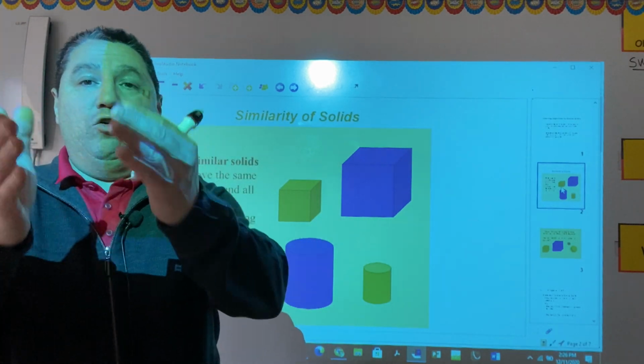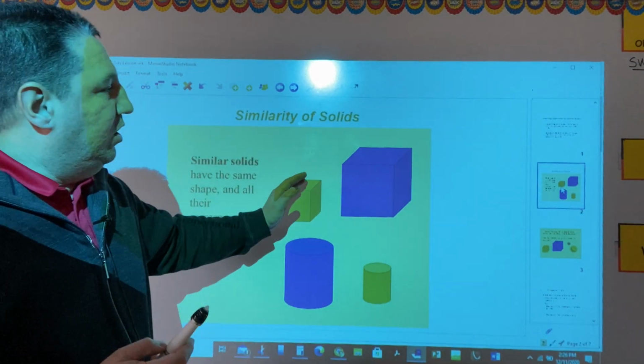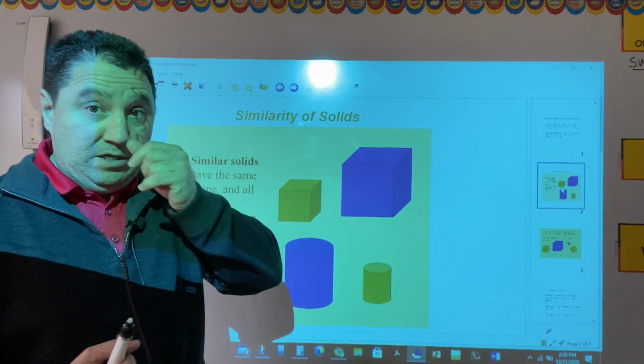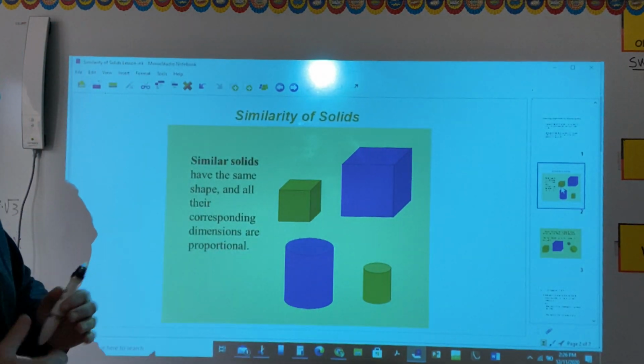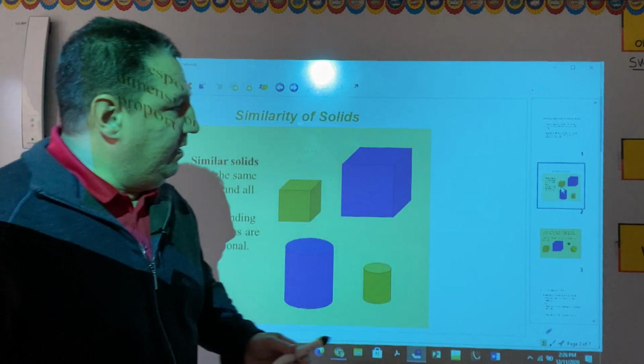And this is also valid for solids, right? So, two solids are similar if they have the same shape but different size, right?